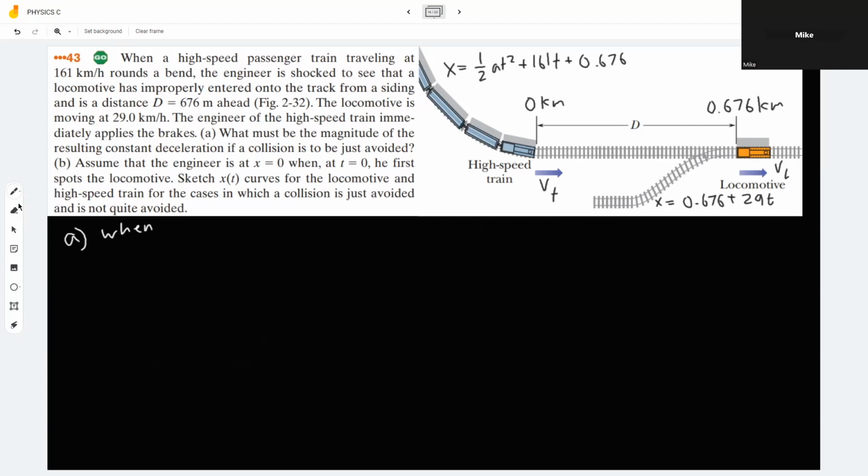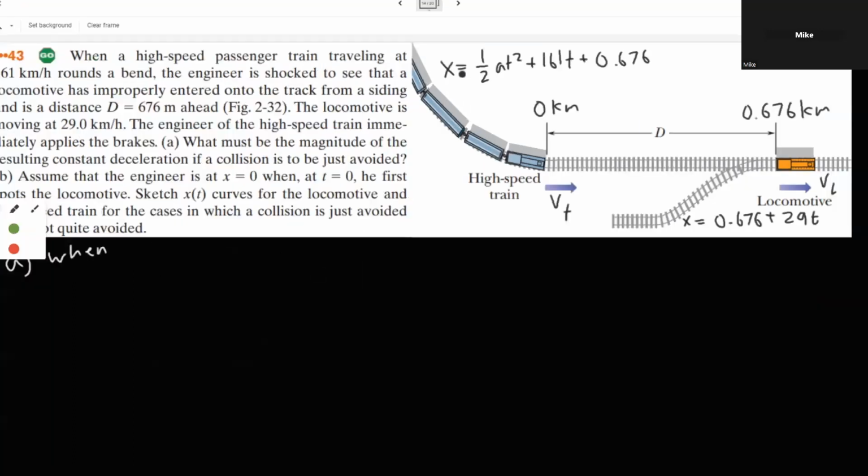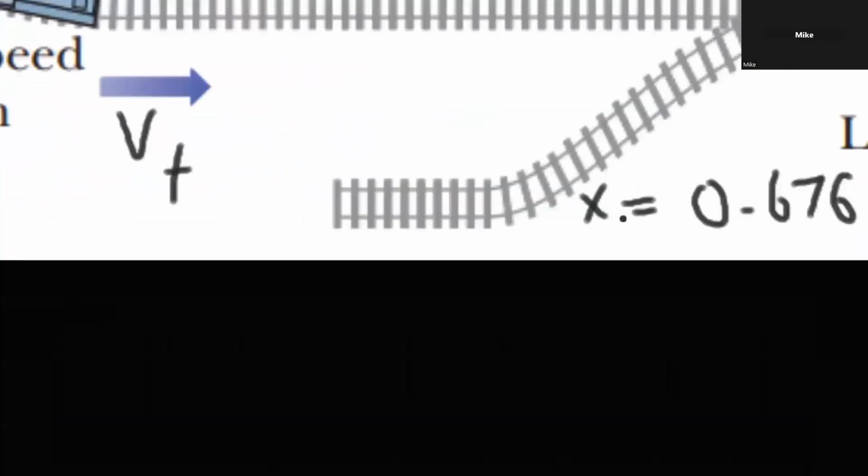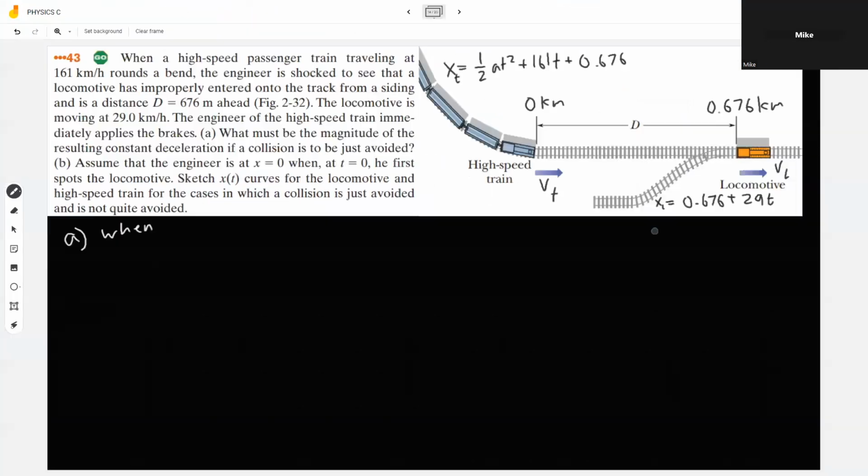So, 1/2 a t squared plus 161... Sorry, mali. Balik tayo sa equation. The train starts at 0, so there should be no 0.676.